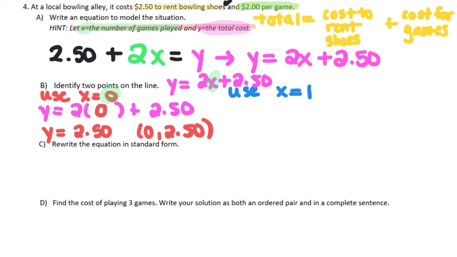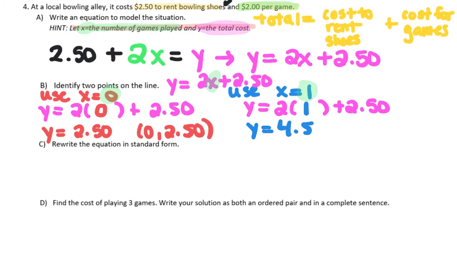For the second one, again, I'm going to use the value of 1 for x. If I rewrite the whole equation, it's y equals 2 times that value of x plus 2.50. I can plug in the value of 1 into the equation, and when I do that, it becomes y equals 4.50.